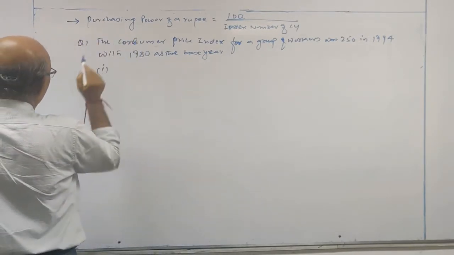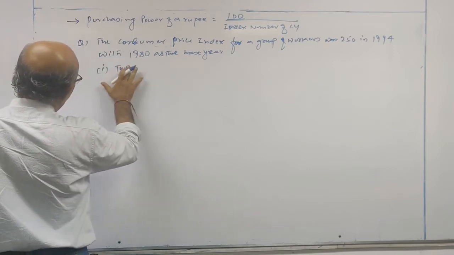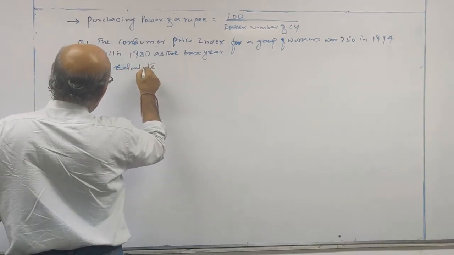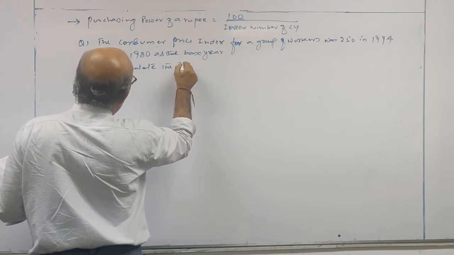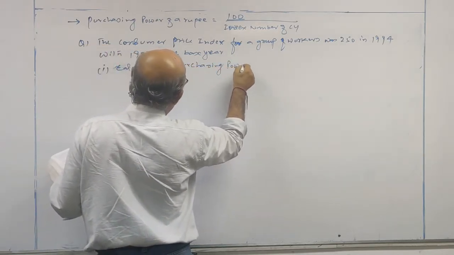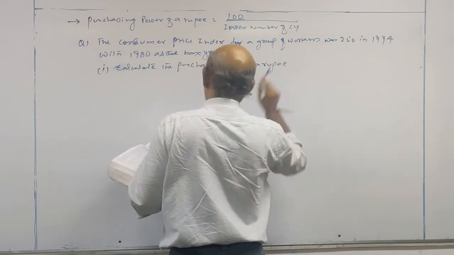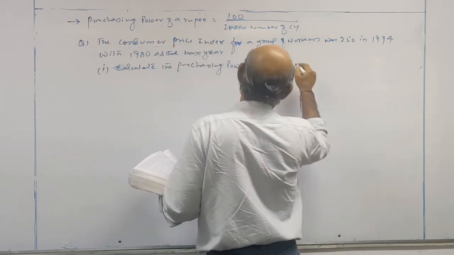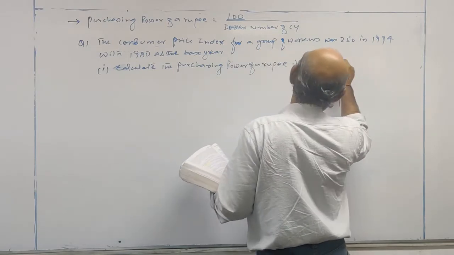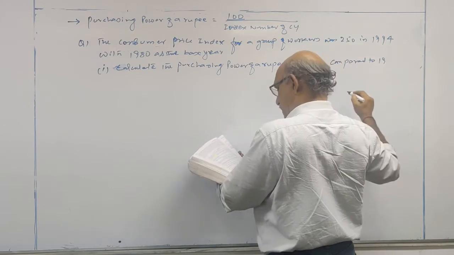Question number 1. Under this first part, calculate the purchasing power of a rupee in 1994 compared to 1980.